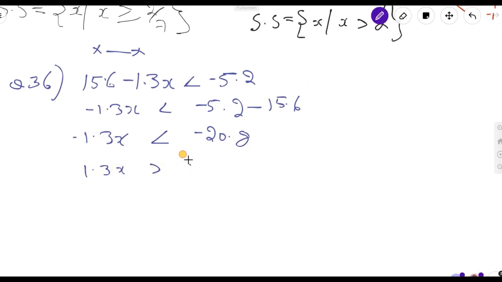Alright, so x is greater than 20.8 upon 1.3.